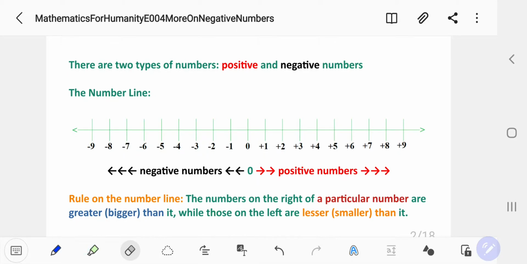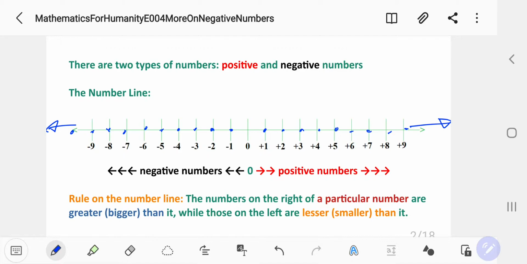You have 1, 2, 3, 4, 5, 6, 7, 8, 9, and so on. And for the negative numbers, it seems that it's going in reverse. So you start with 0, then negative 1, negative 2, negative 3, negative 4, negative 5, negative 6, negative 7, negative 8, negative 9, negative 10, and so on.